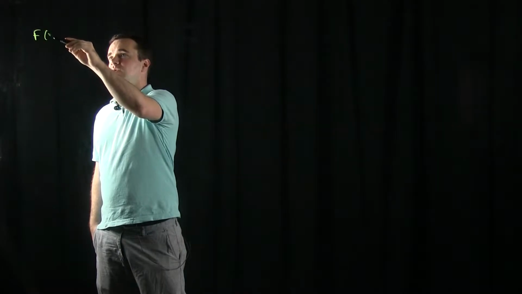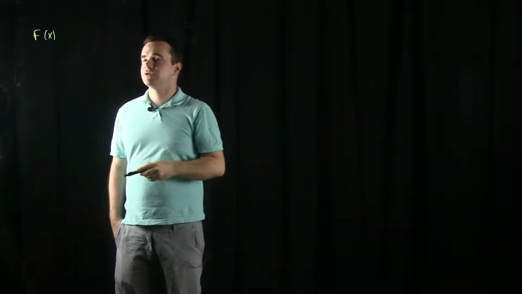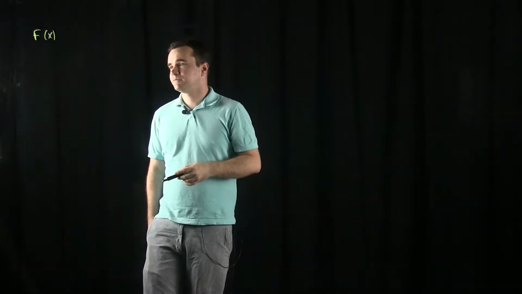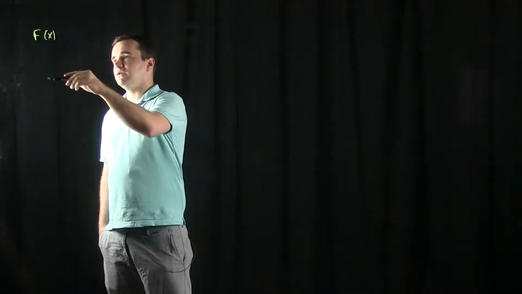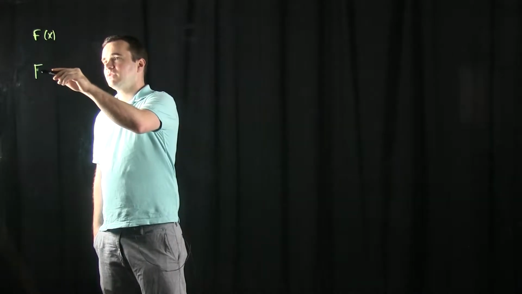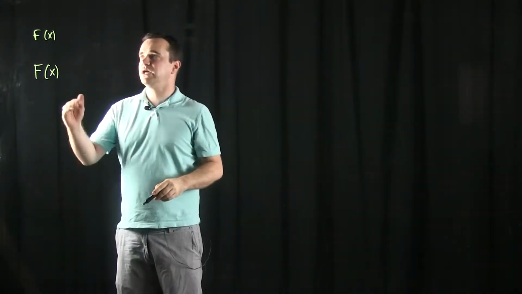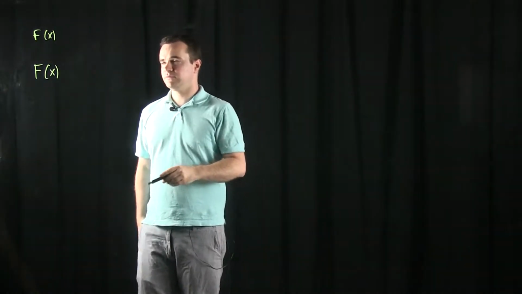So here's the statement: fundamental theorem of calculus part 2. Say that we're given a function y equals f of x, known to us to be a continuous function on some interval from a to b. I'm going to define a new function that's going to become the antiderivative of little f.